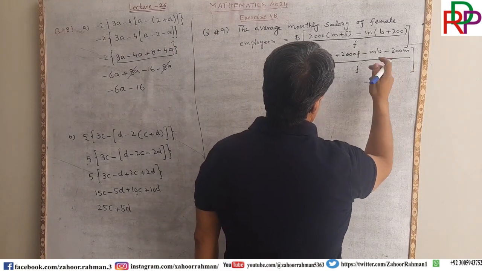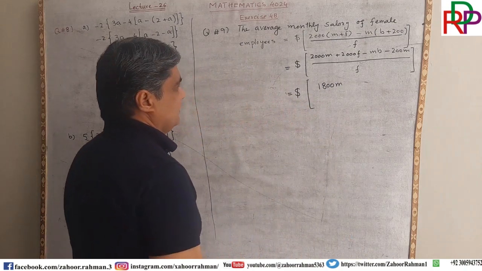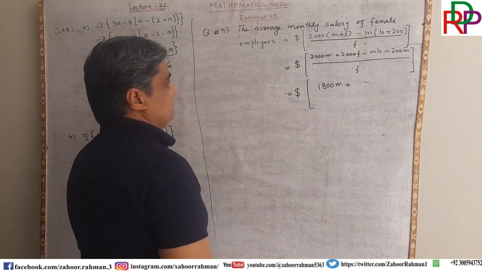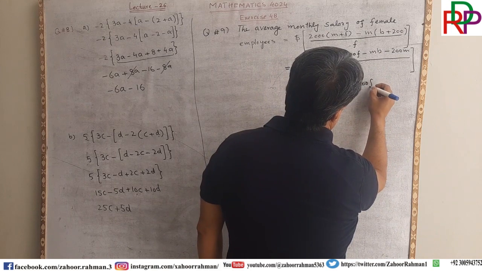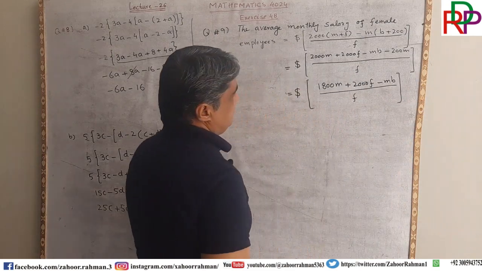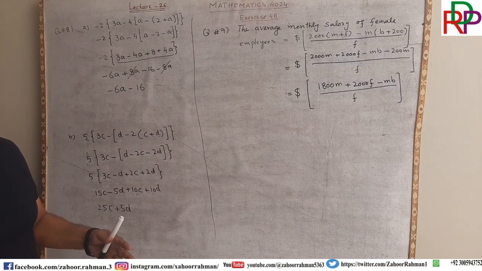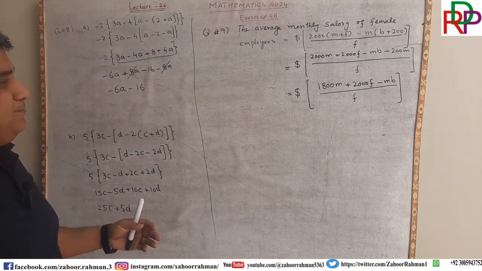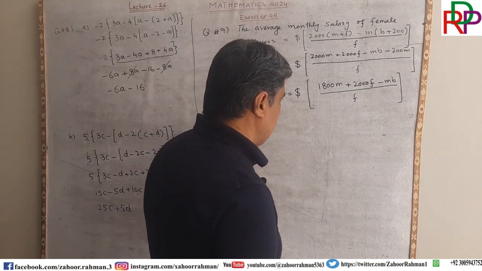From 2000 I am subtracting 200, so it will be 1800 M, and then 2000 F, there is no other value, minus MB divided by F. So this is the answer, and this is the general formula in which if you put the actual values of M and F and B, then you will get the exact answer. This is the actual formula of this.